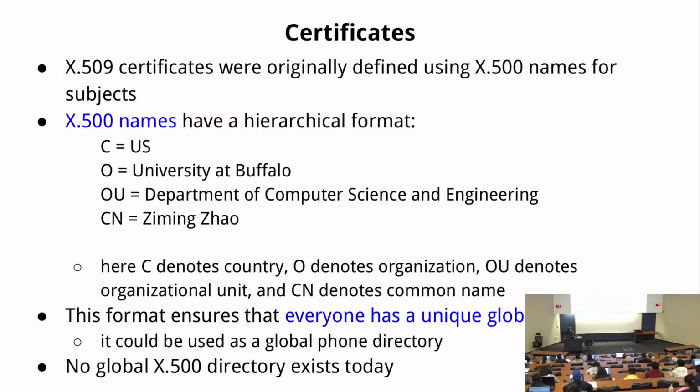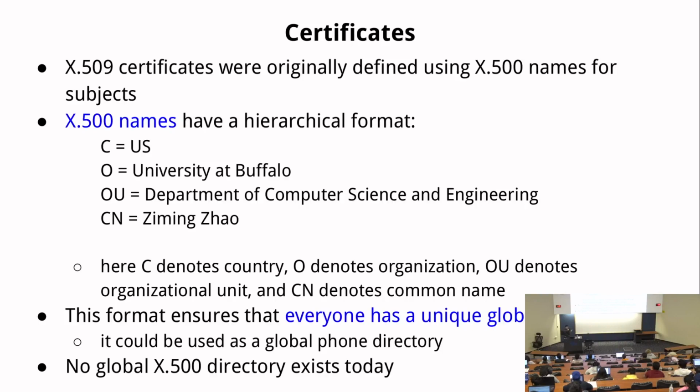The certificate uses X.500 names for subjects. The names have a hierarchical format. First we have country, C, then O, organization, OU, organizational unit, and also CN, common name.